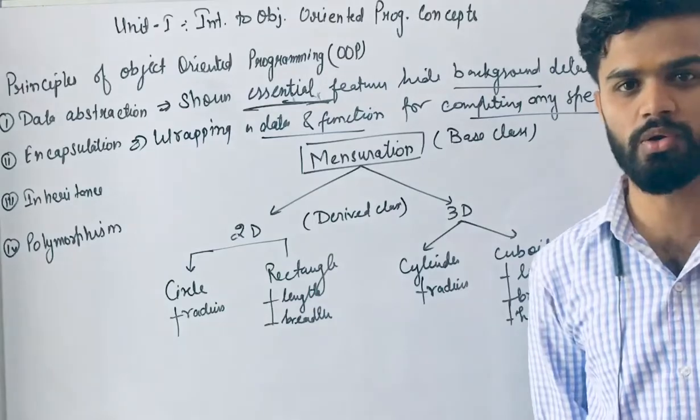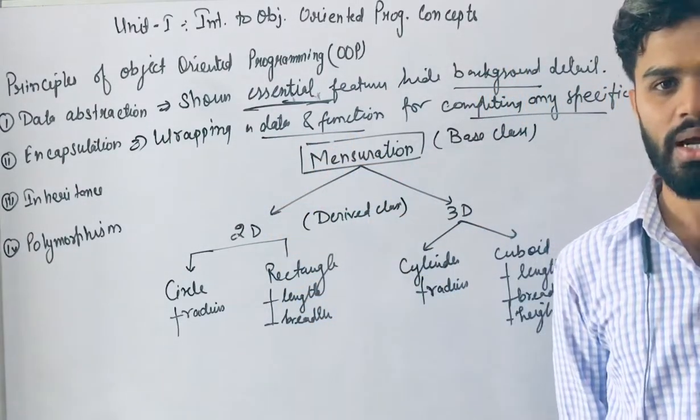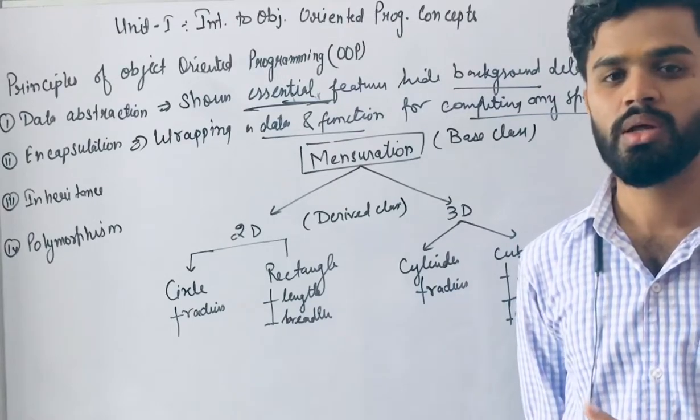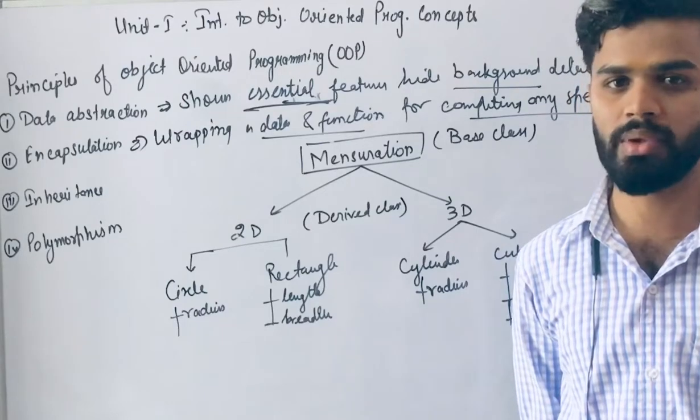Whatever task we want to perform, we need to wrap data and functions together. And when we wrap both together, we can do any specific task, whatever we want to complete in our programming concepts.